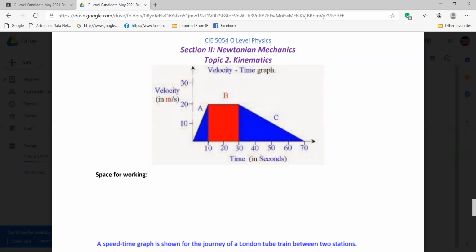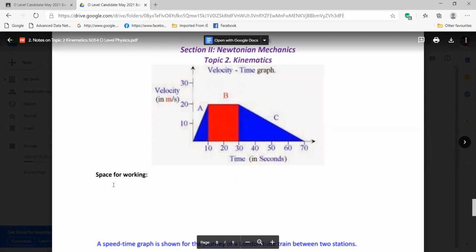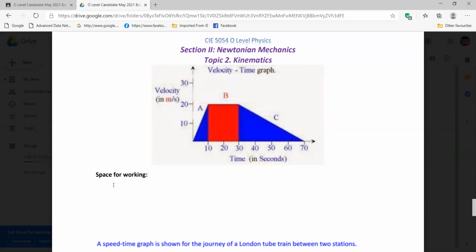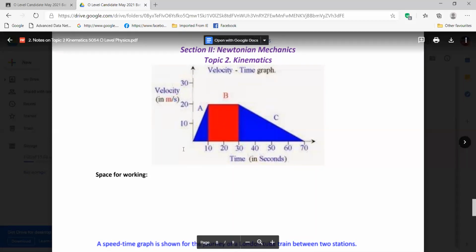It is a triangle, right? So what will be the formula? Half into base into height. Then what is the answer? 100. Very good. So here for A it is 100, right?